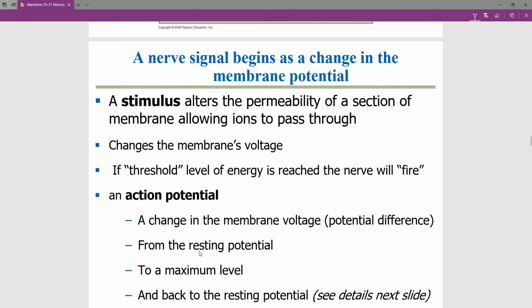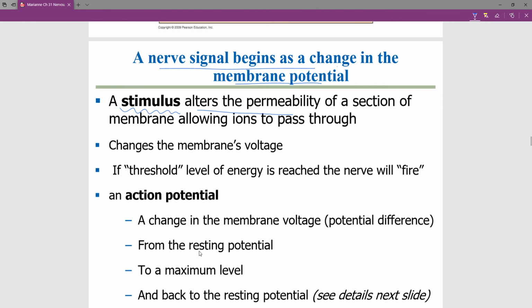And so basically, as a nerve is stimulated, there's a nerve signal that's going to begin as a change in those relative charges. And so we're going to talk about how this electrical charge changes as a nerve fires. It's going to start with a stimulus that alters the permeability of one section of the membrane, allowing ions to pass through.